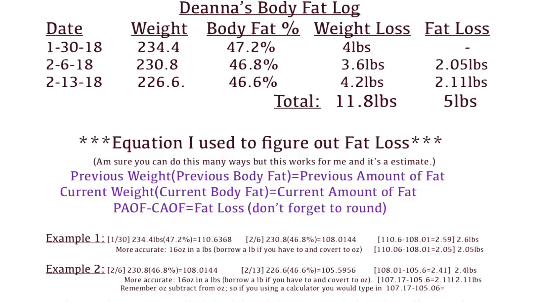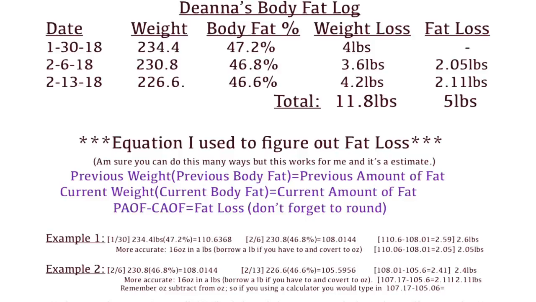Then I used my weigh-in from Valentine's the day before, when I was weighing 226.6, times 46.6% body fat, of course. That gave me 105.5956. Now, on that, I rounded at the 5 and converted it to 105.6.